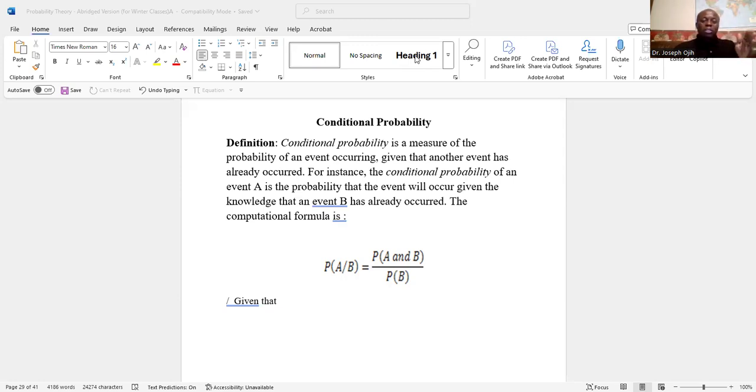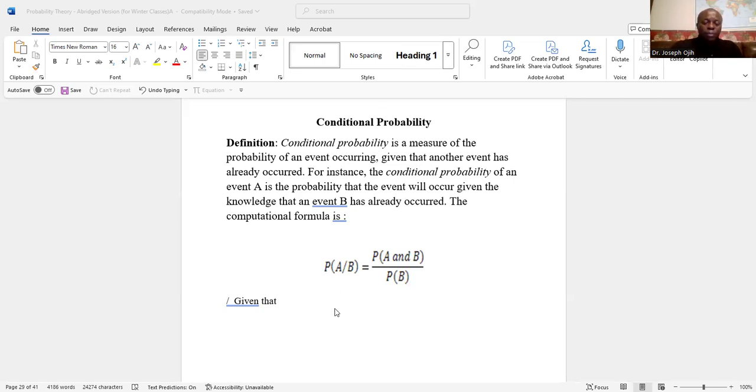It is the probability that event A will occur, given that event B has already occurred. So a general explanation for the concept is that it measures the probability of an event occurring, given that another event has already occurred.